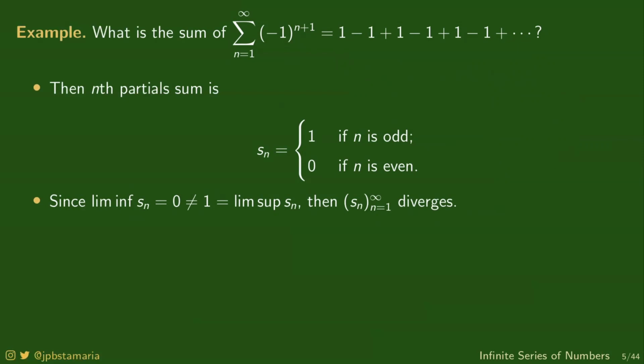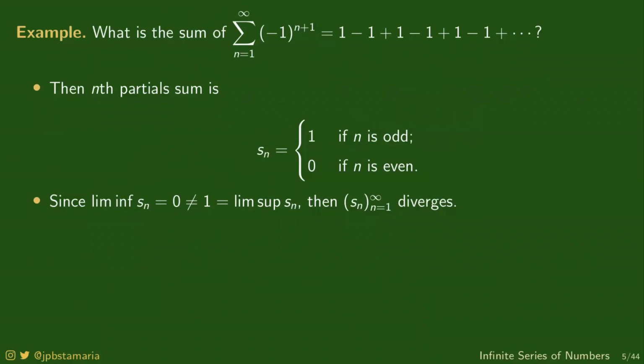Ang limit point ay limit ng isang subsequence, not necessarily ng buong sequence. If you consider the odd terms will converge to 1, the even terms will converge to 0. Therefore, 0 and 1 are limit points, but they are not limits.